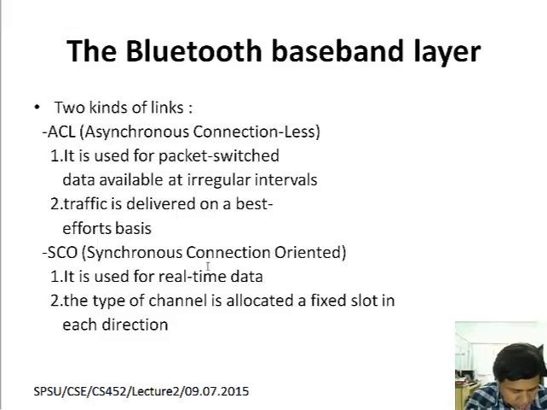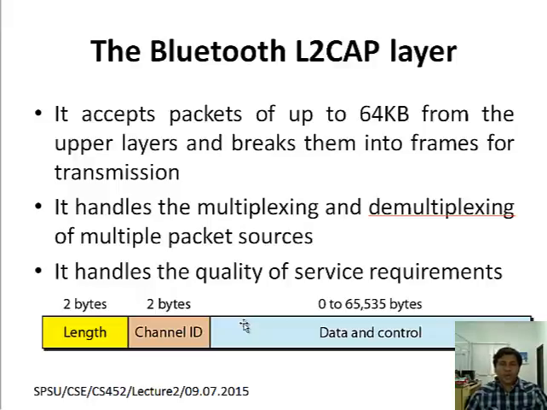SCO is used for real time audio. It can create different links for different channels, but one channel is not divided into different slots. This is one single channel, using a fixed slot for communication in a unidirectional way.